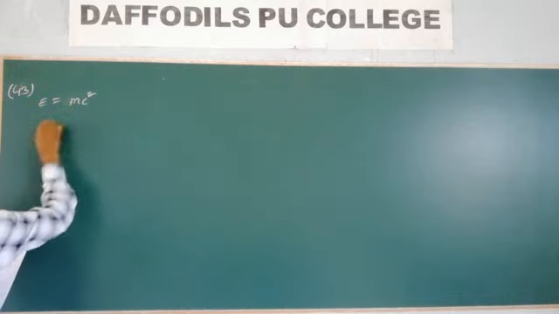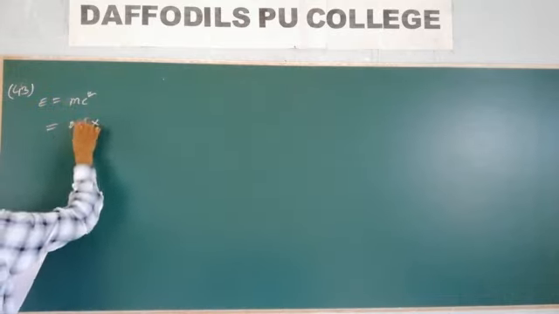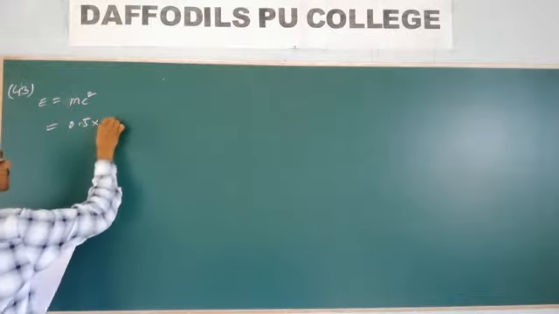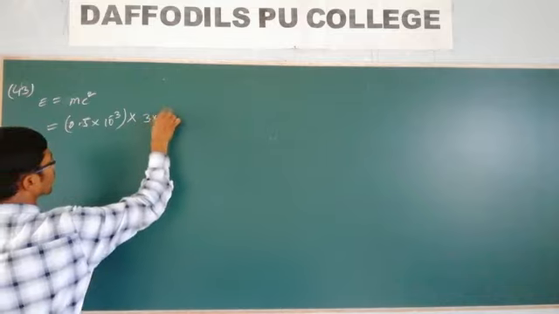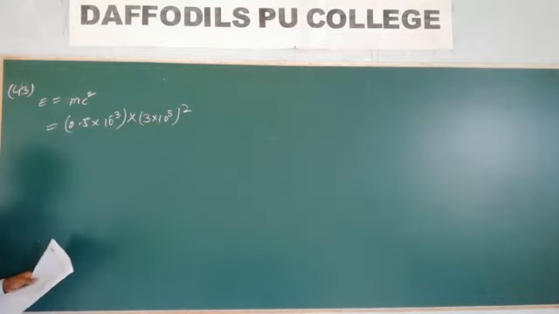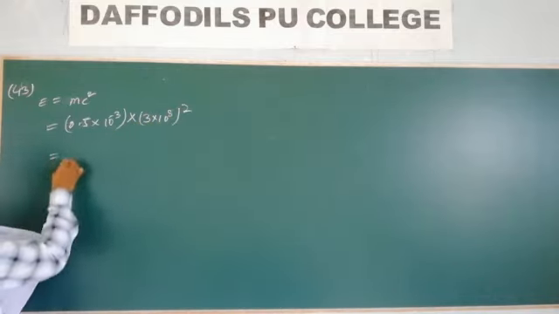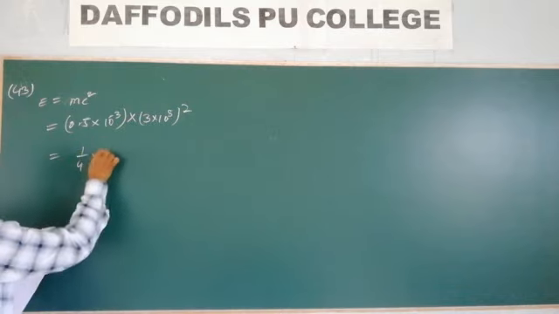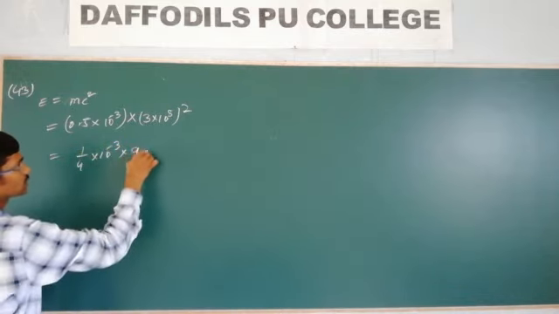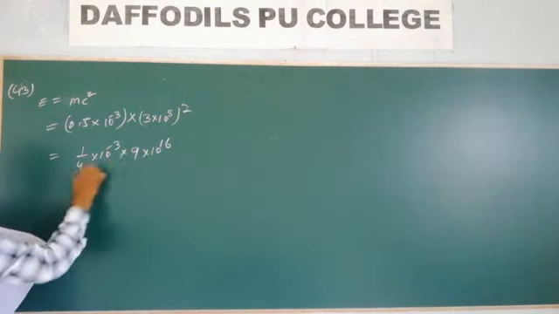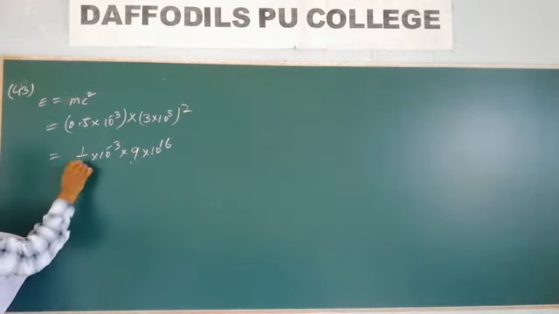The energy equivalent to 0.5 gram of substance, which is very easy. From Einstein's mass-energy equation, E is equal to mc square, then 0.5 into 10 power minus 3 kg, into (3 into 10 power 8) whole square.